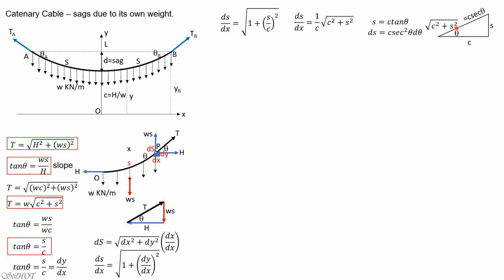Square root of c squared plus s squared is c secant theta. So into this equation here, ds is c secant squared theta, and we cross multiply here, so we have 1 over c times the square root of c squared plus s squared times ds. Cancel out c.